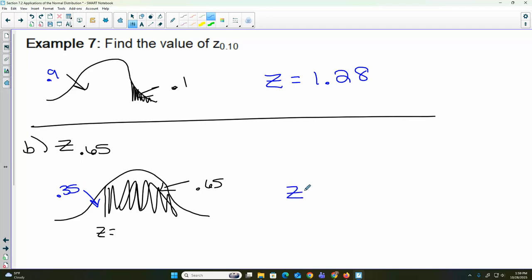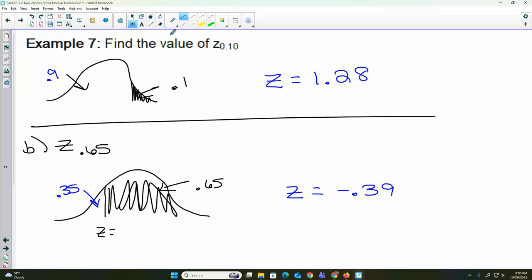So I'm going to my table, I'm looking for 0.35, as close as we can get, and 0.3483 is the closest it gives me. So negative 0.39. If you said negative 0.385, that's also fine.